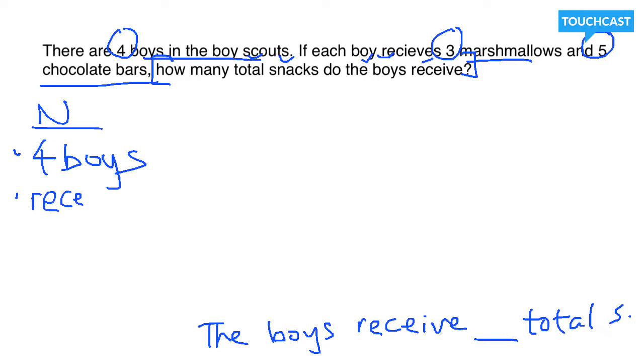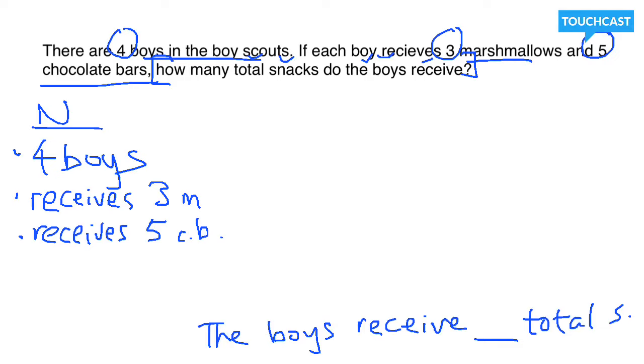Receives 3M, and they receive 5 chocolate bars. Each boy receives 5 chocolate bars. Delicious. And the question was, how many total snacks do the boys receive? The boys receive blank total snacks. Go ahead and pause this video now and attempt to solve it on your own.